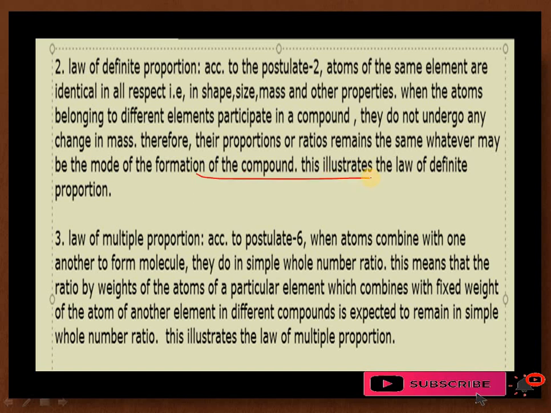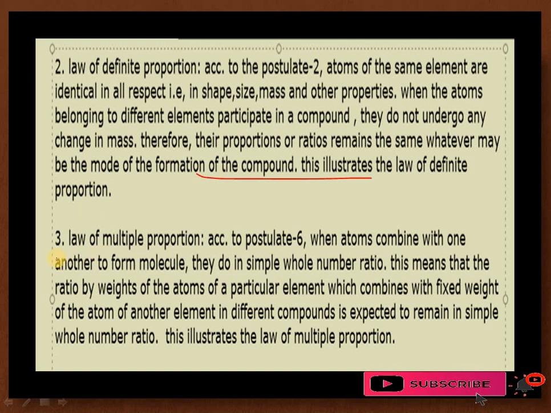This is illustrated with the help of the example we also discussed in the law of definite proportion or constant composition: the source of water can be anywhere, either a pond, river, lake or tap water, but the ratio will remain 1:8 for water. So this is the law of definite proportion, which is explained by Dalton by his second postulate.